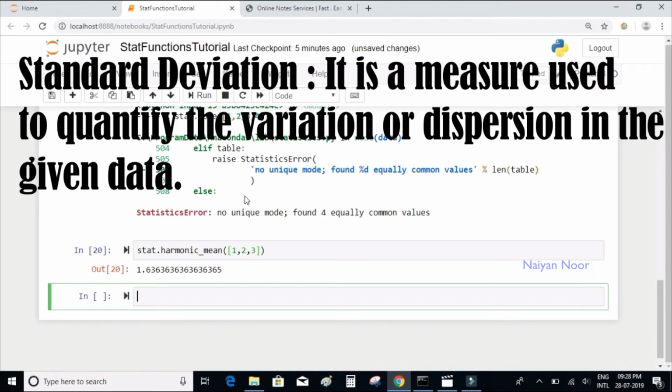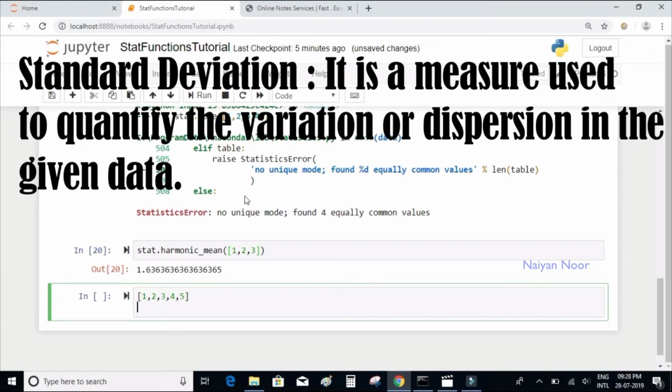If we have the example 1, 2, 3, 4, 5, this is one set of numbers where you don't see too much variation in the data. It's equally placed. If you find the difference between consecutive numbers, it is always equal to 1, so it increments by 1 without a lot of dispersion or variation.